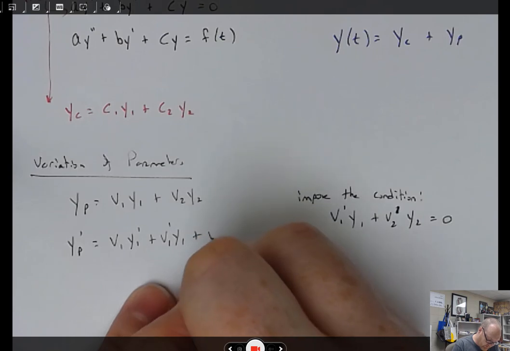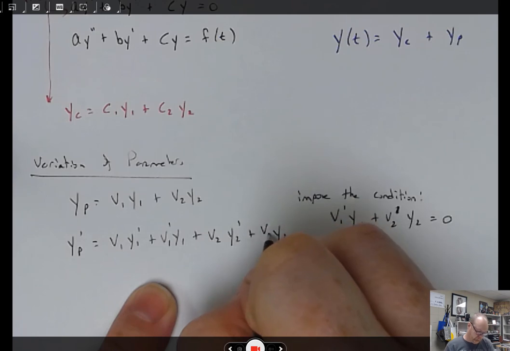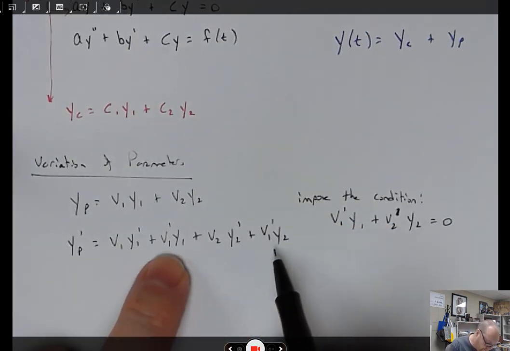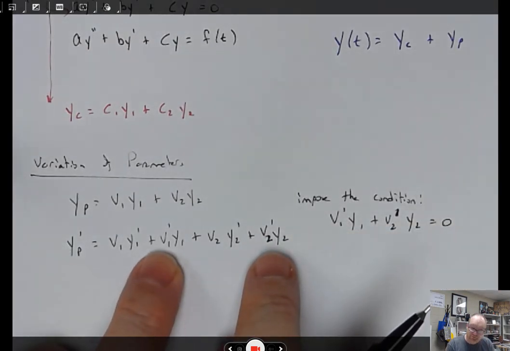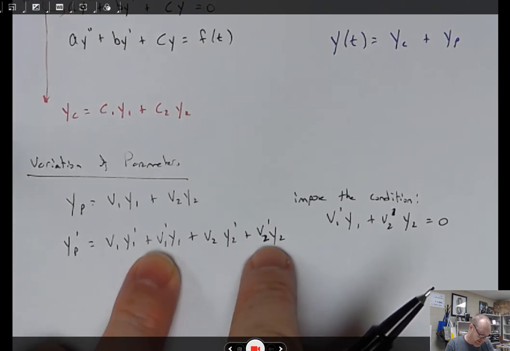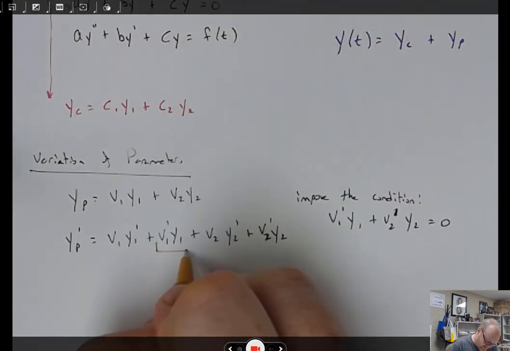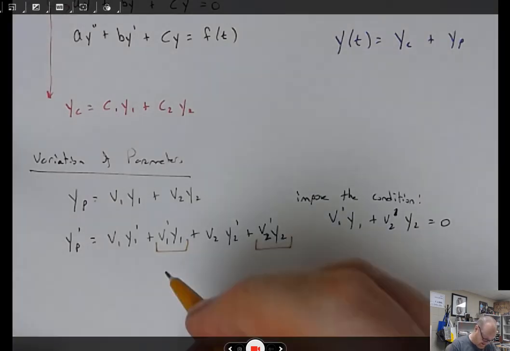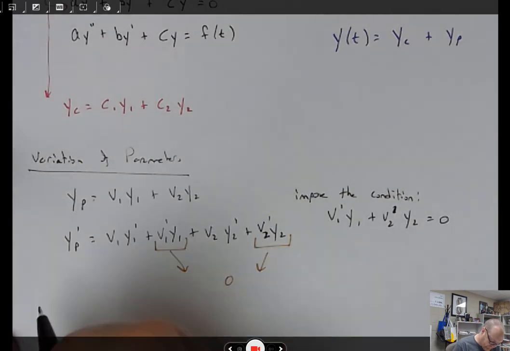But again, I can make use of this condition: the underlined portion, this thing and this thing, is exactly what I got over here. So that stuff that's underlined becomes 0. So it happens that the first derivative looks like this.